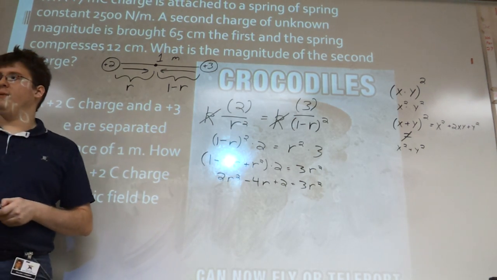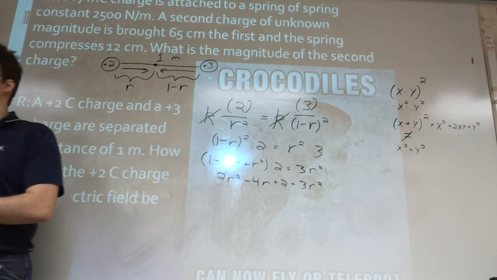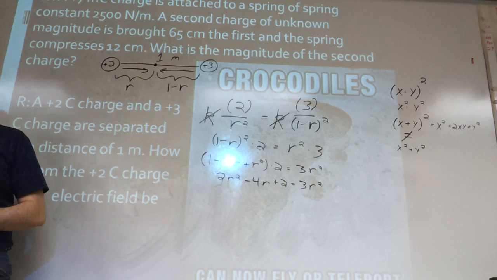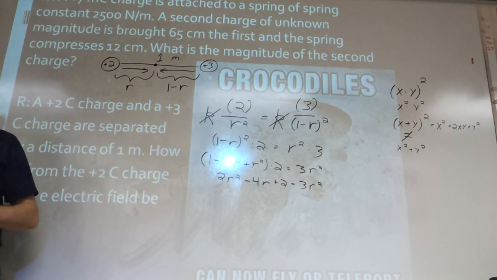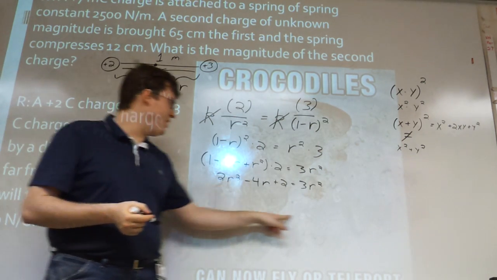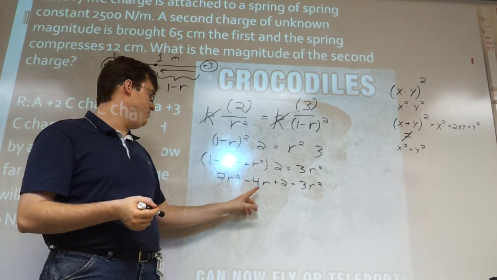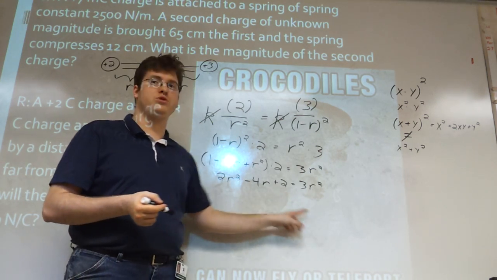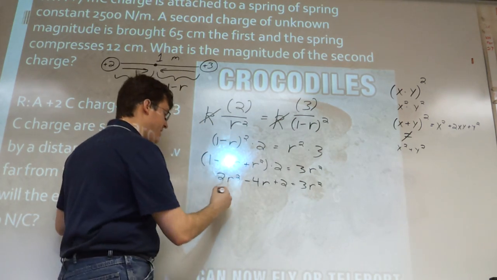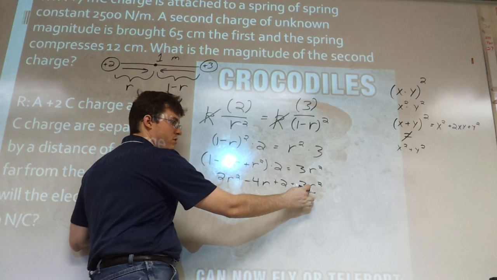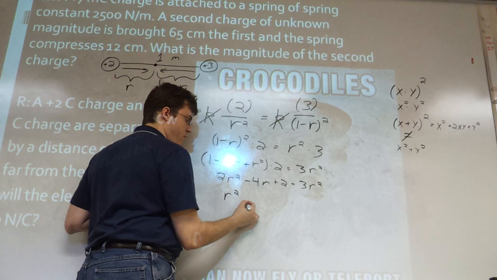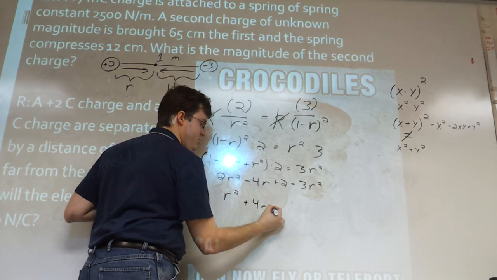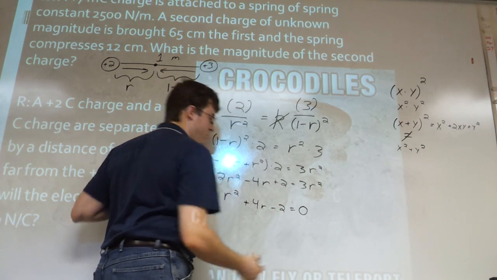Okay? Now what I'm going to do is get everything on one side, and I'll have it all equals 0. So I'm going to subtract 2r squared from both sides, add 4r to both sides, and subtract 2 from both sides, to get 3r squared minus 2r squared is r squared, plus 4r, minus 2 equals 0.